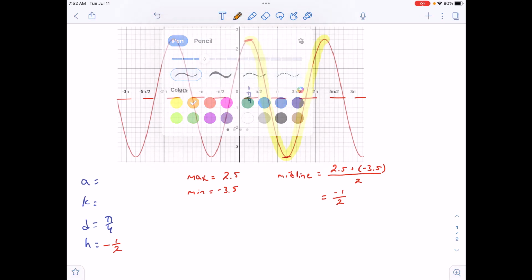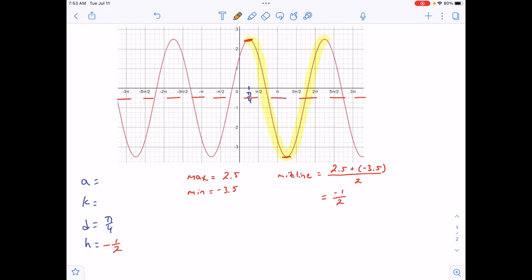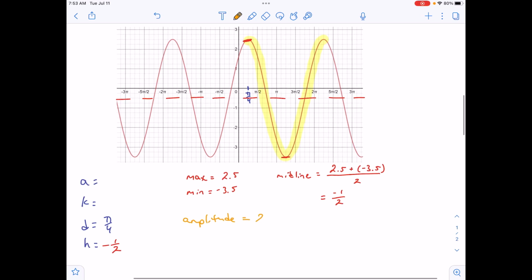We can find our amplitude now by going, what is our maximum? And I'll write that as a proper fraction. Its max is 5 over 2. Take away our midline, which is -1 over 2.